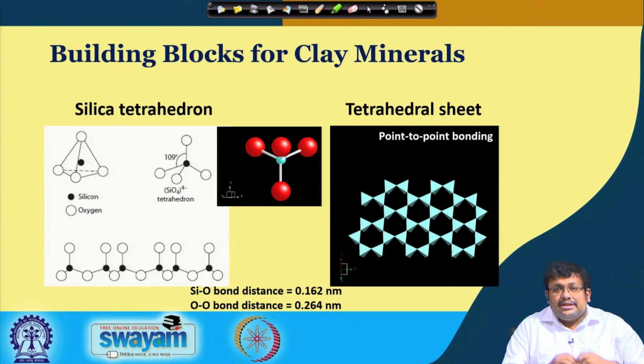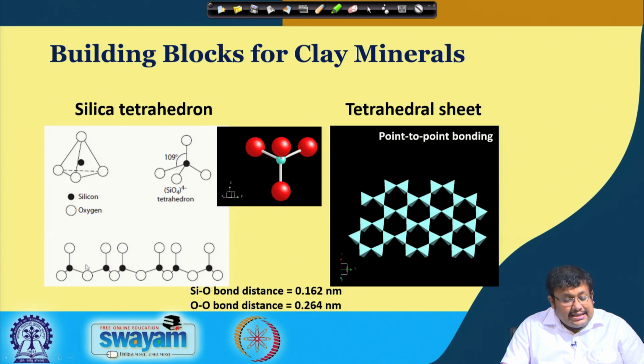So, let us start the discussion with the first building block of soil, that is silica tetrahedra. Now, in a silica tetrahedron, you can see the silicon cation is surrounded by 4 oxygen anions and the internal angle is 109 degrees.